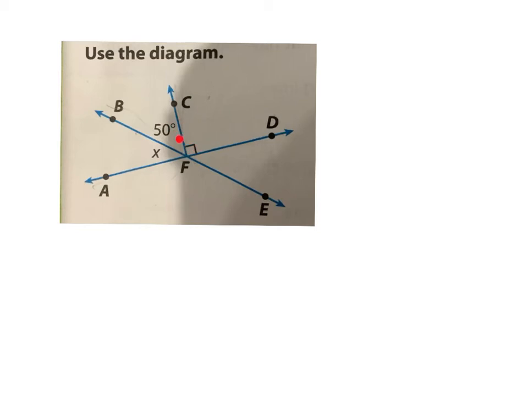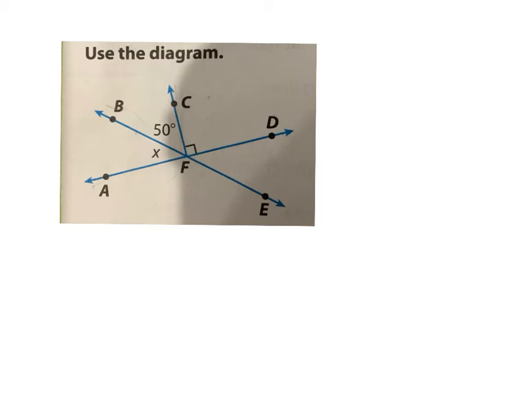Also, this one all together with this one is also a vertical angle. So we could say angle AFE is vertical to angle BFD, the whole thing, or angle BFA is vertical to angle DFE. So this would be a vertical angle and would have the same value.